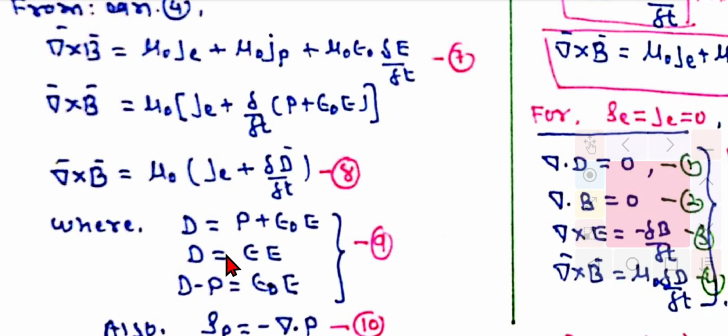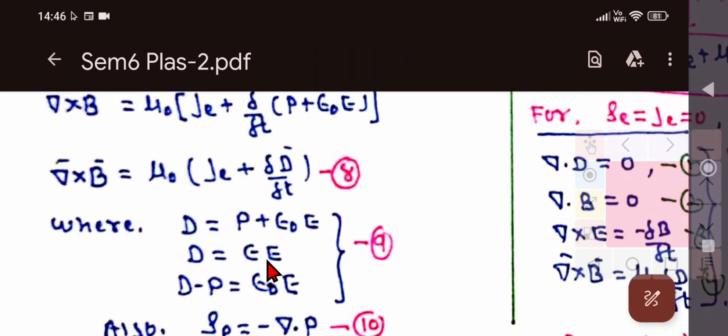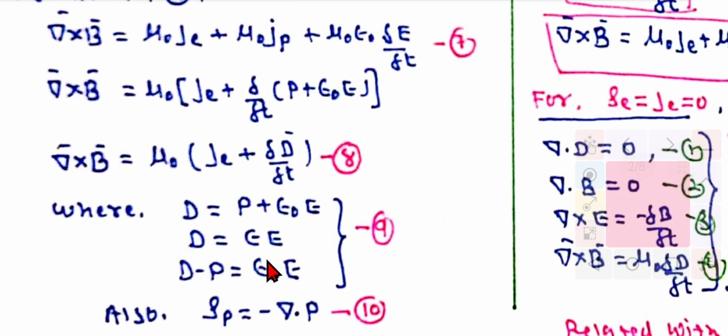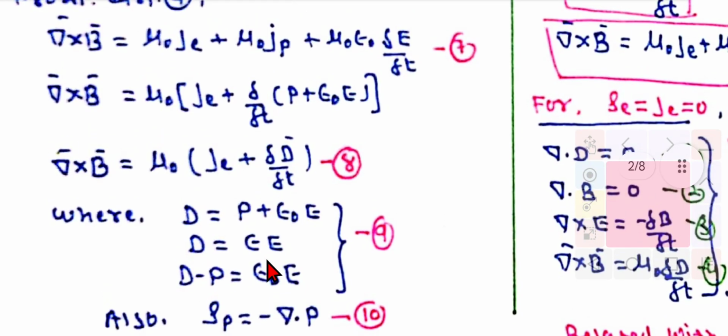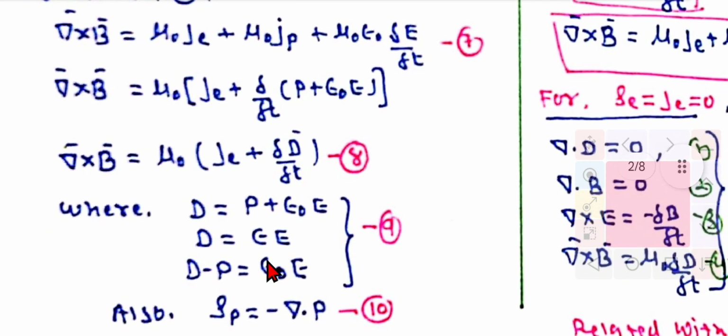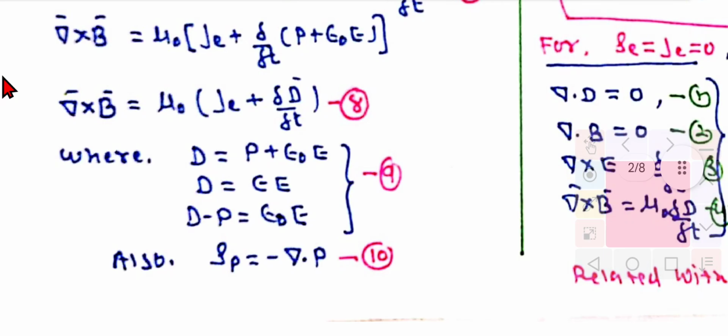You know that D equals epsilon into E in dielectric theory, where epsilon is the permittivity of the medium. And from this, D minus P equals epsilon 0 into E. Also, from your BSc, you know that rho P equals minus divergence of P, that is, minus divergence of the polarization vector equals the polarization charge density.